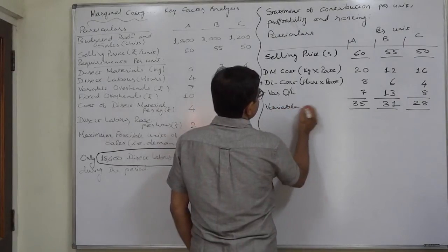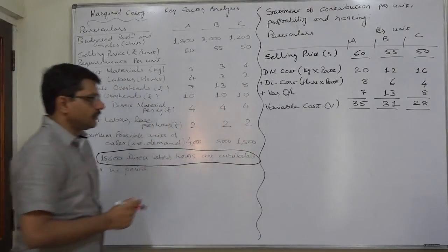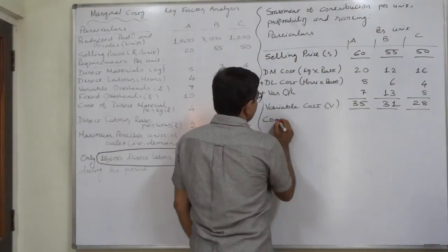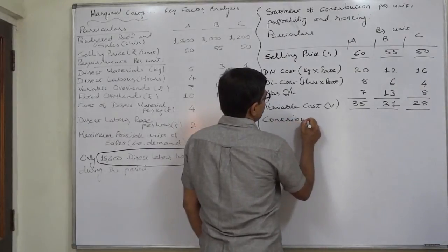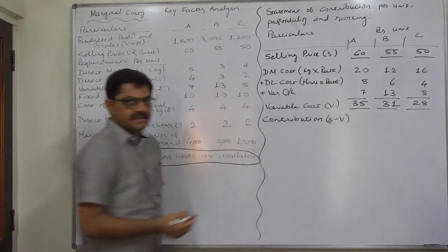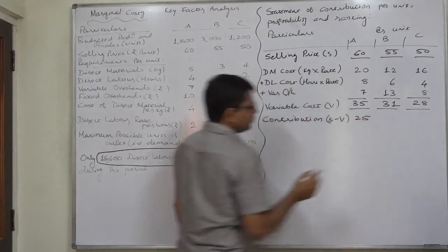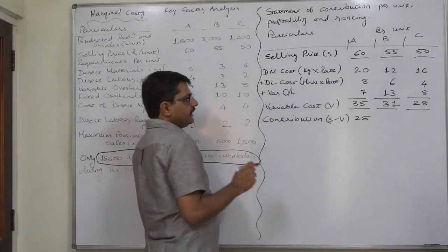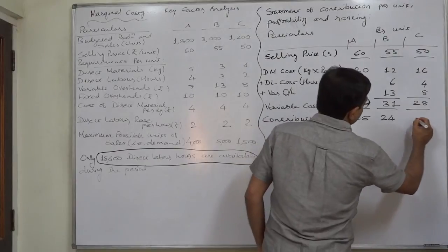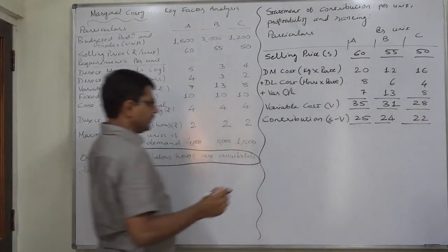Now there is contribution: selling price minus variable cost. 60 minus 35, it is 25 per unit contribution from product A. 55 minus 31, 24, and 50 minus 28, 22. This is contribution per unit.